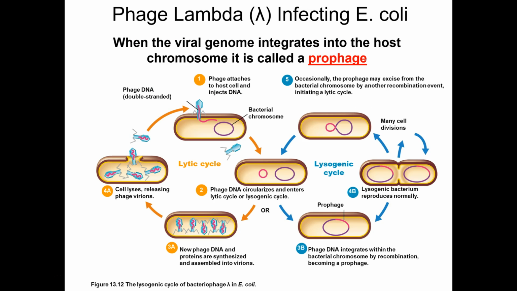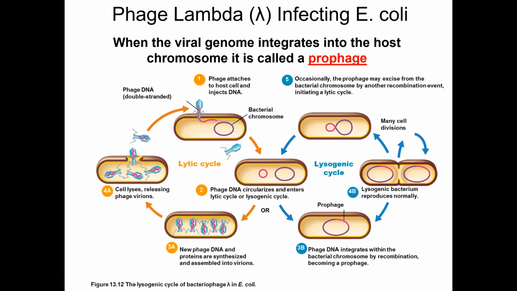Okay, so the duality of temperate phages. The classic example is phage lambda. So you get attachment and penetration, that's the same. Now, once the virus gets in there, it has to make a decision. Am I going to go through the lytic cycle, making more of myself?